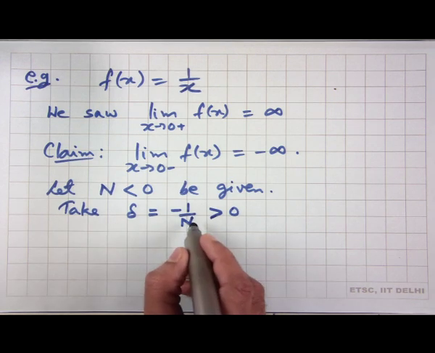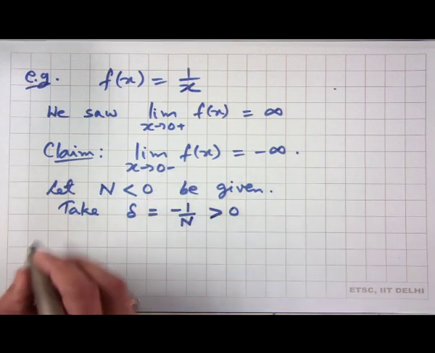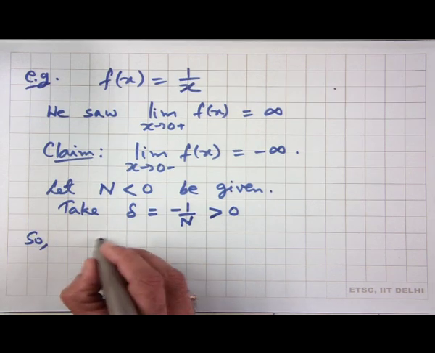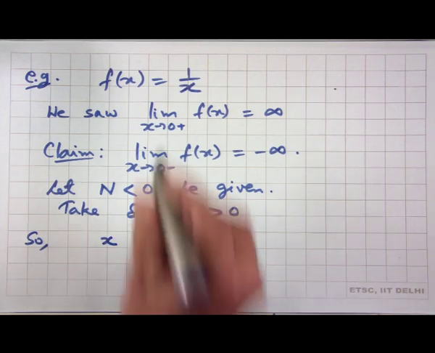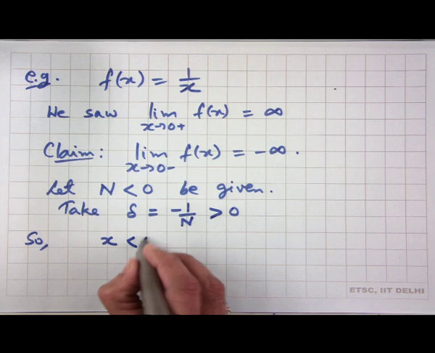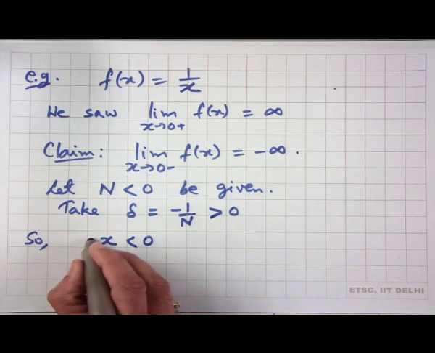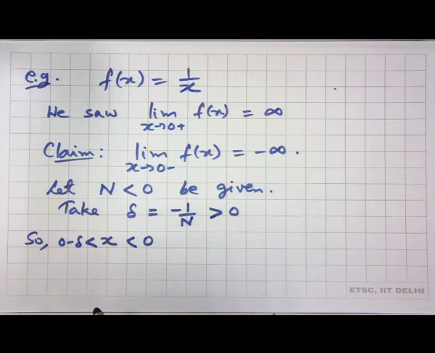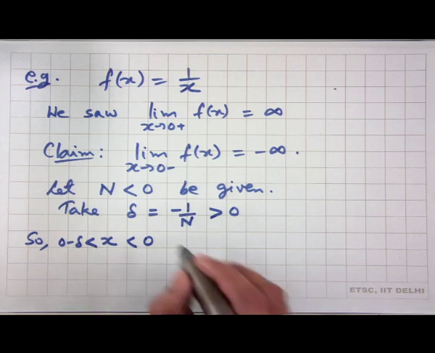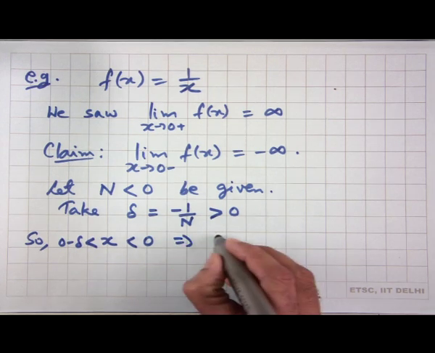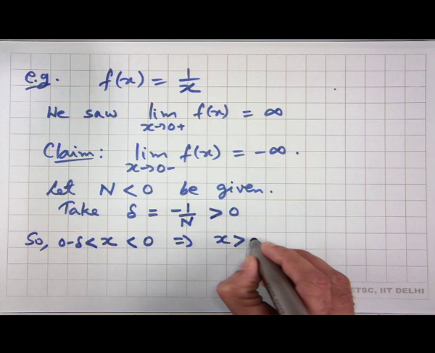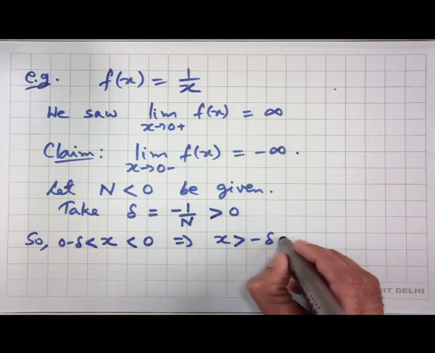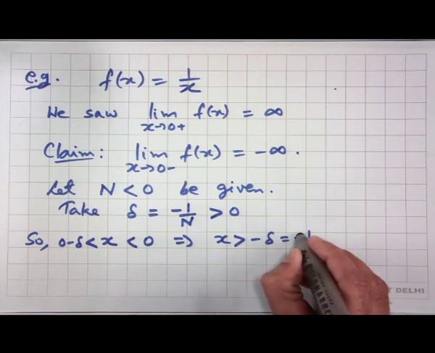Now, if delta is equal to minus 1 by n, then if my x is to the left of 0, that means x is less than 0, but it is greater than 0 minus delta, that means x is greater than minus delta. This implies x is greater than minus delta, which is equal to plus 1 by n.